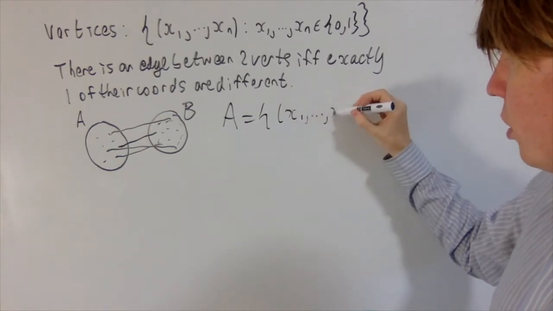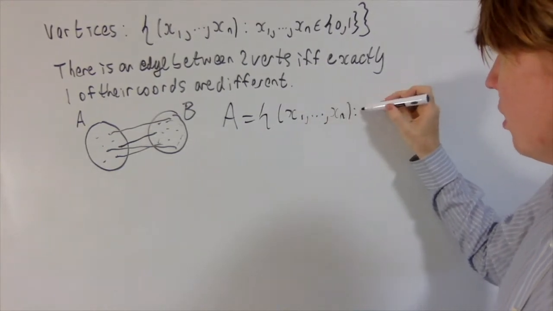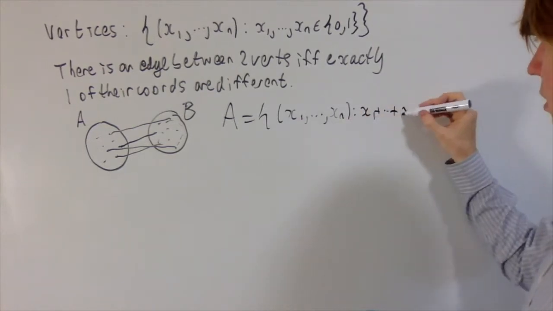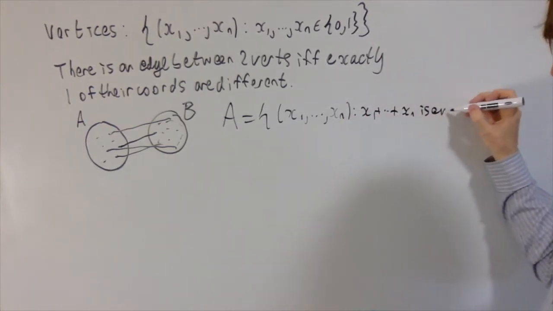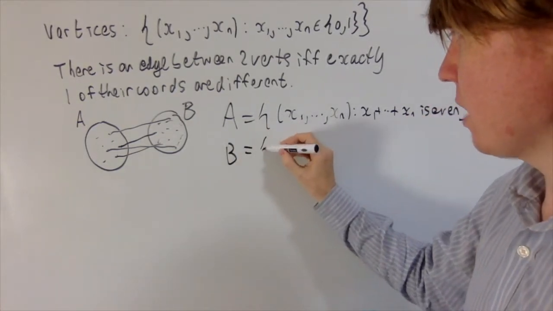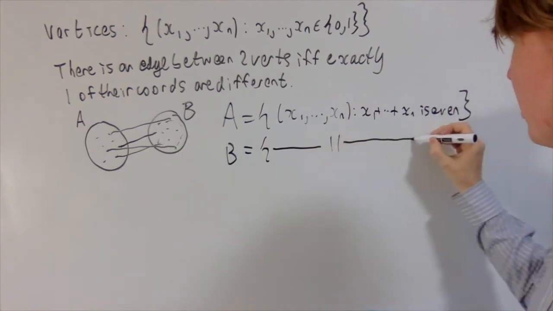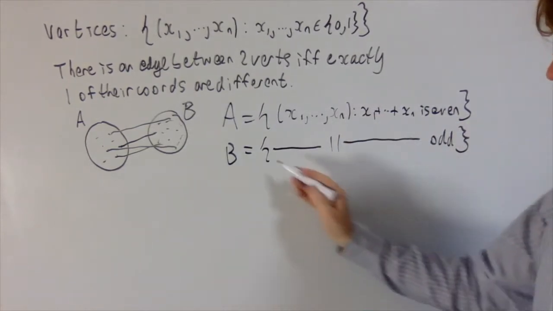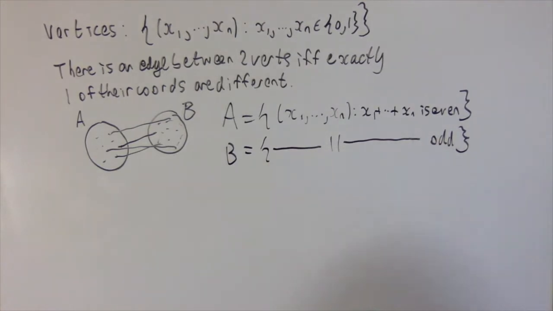So it's a very elegant proof. You partition into a set of all vertices such that the sum of all the values is even as your A, and then B is the same set, basically, but where the sum is odd. And it turns out that this gives you a really nice partition here.